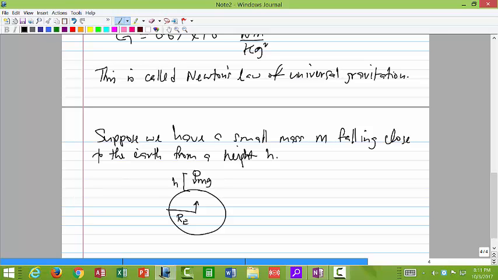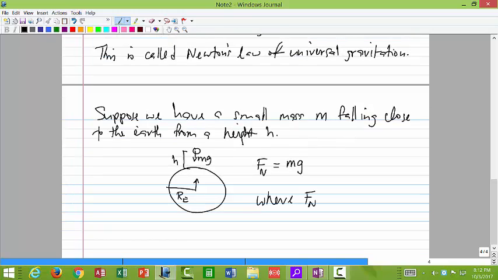We shall say that the gravitational force between the earth and the object, so let's say net force on the object, is equal to the mass of the object times the acceleration of gravity g, where the net force on this object is just the gravitational force between this object and the earth.